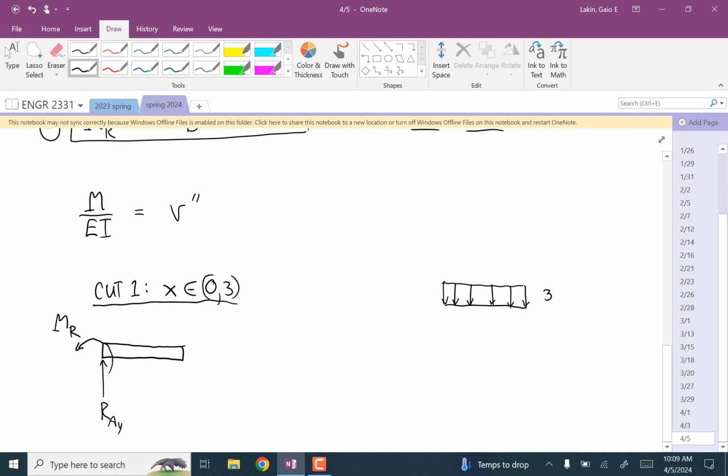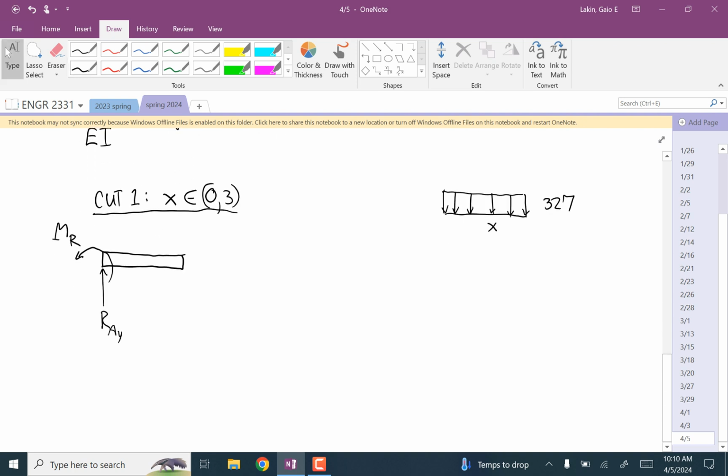So it has a height of 327 and a width of x. So to treat that as a point force, it acts at the center and it has a magnitude of 327x, the area of that shape. And then we have T, V, and M.